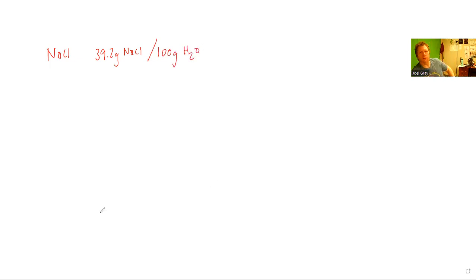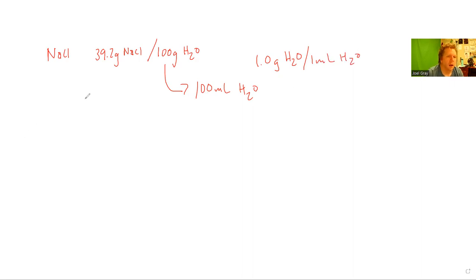Now, this question is a complicated one, but not crazy complicated. 39.2 grams of NaCl will dissolve in 100 grams of H2O, which is a mass of water. Well, 100 grams of H2O is 100 milliliters of H2O. And we know that because 1.0 grams of H2O is 1 milliliter of H2O. So there's a nice little conversion factor built in there.